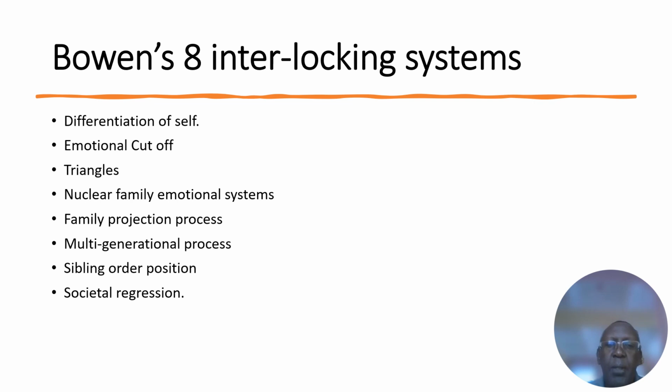And at the outset, I would want us to be reminded about some earlier classes we have held in some of the units we have had in the university. If you remember Alfred Adler's work on birth order position, this is where Bowen gets the sibling order position and helps us to understand families.